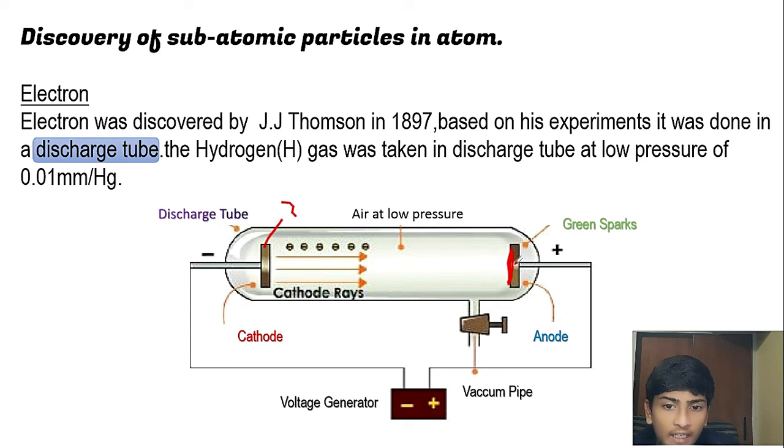So any movement of subatomic particles can be found. The cathode rays are negative, so they moved to the positive side, the anode, where we find the green sparks of the atom, named electrons, because these are negatively charged particles which move towards the positively charged side.